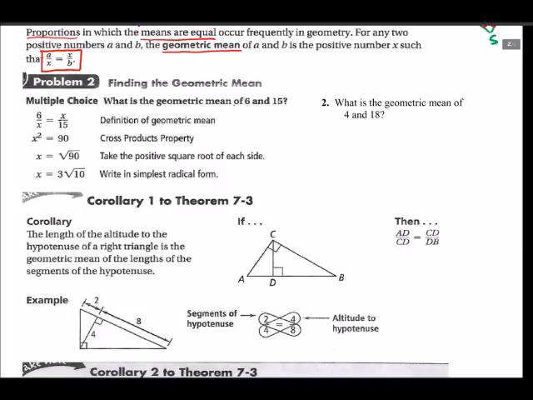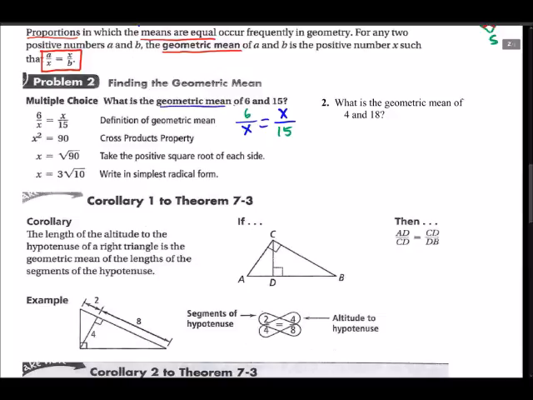So if we're asked to find the geometric mean of two numbers, 6 and 15, I simply write a proportion, and I know that it looks like that, because my means are equal, and then 6 and 15 are my extremes.